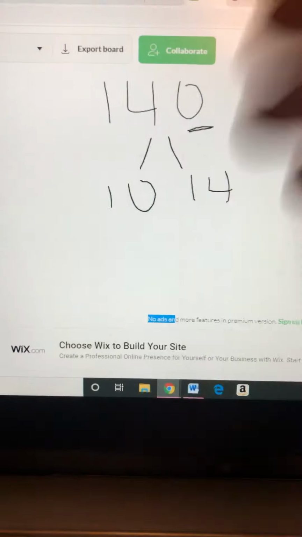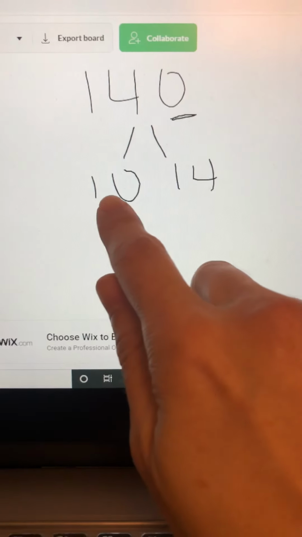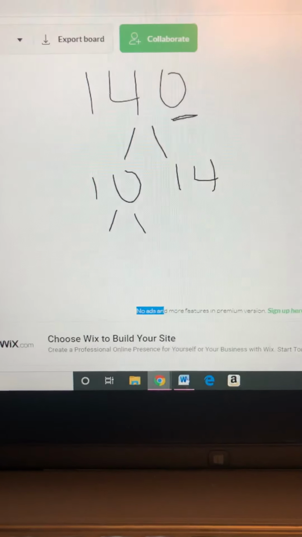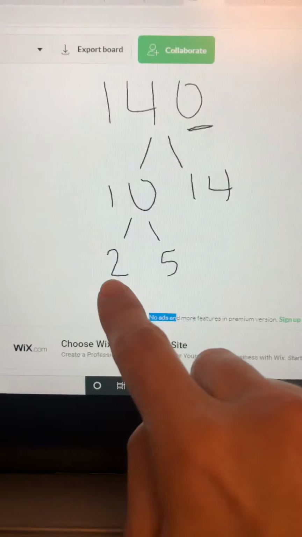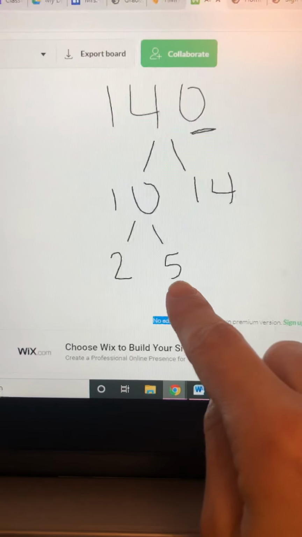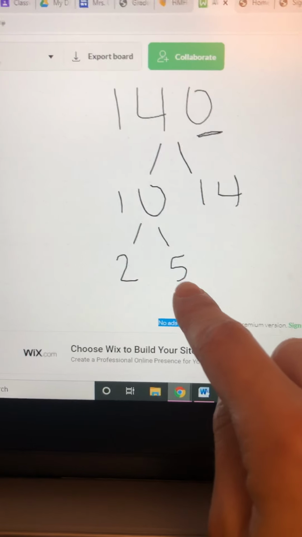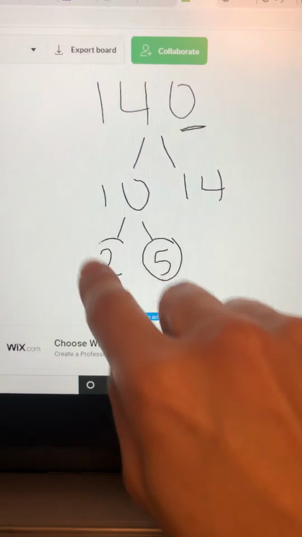Now, these are both composite numbers, so that means that I have to continue factoring them out. So 10 has factors 2 times 5, okay? 2 is prime, so I'm done factoring out that number. 5 is also prime, so I don't have to continue factoring it out. So I'll circle them now so I don't get confused.